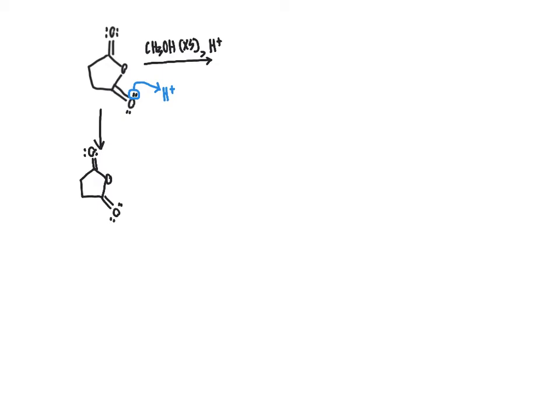So now that we have protonated, we've replaced the lone pair electrons on the oxygen with a proton, like so. Positive formal charge goes on that oxygen. And this was the step that we would have referred to as protonation.